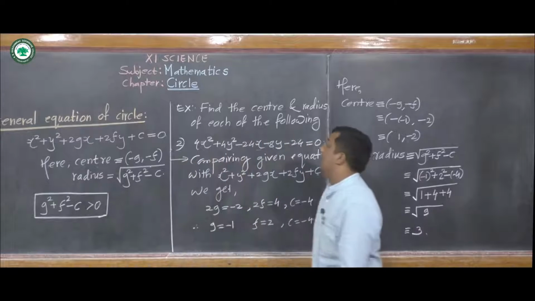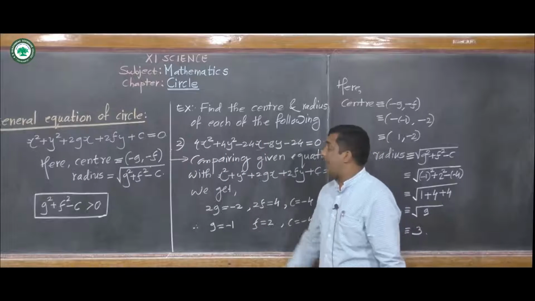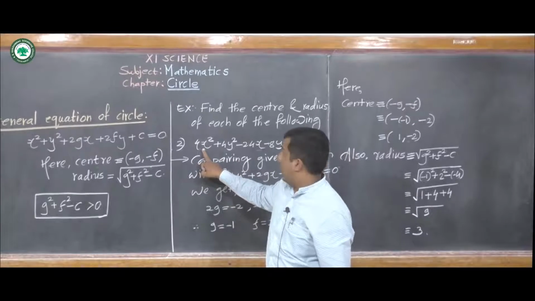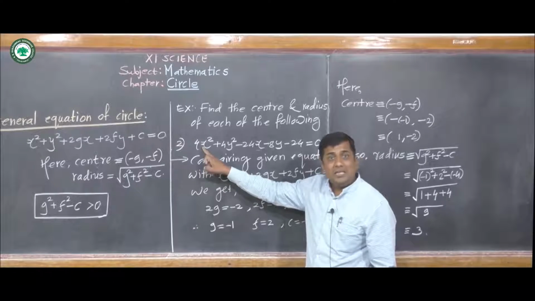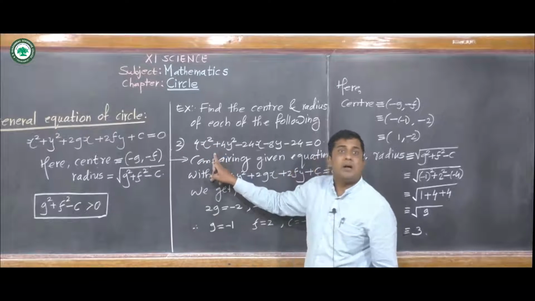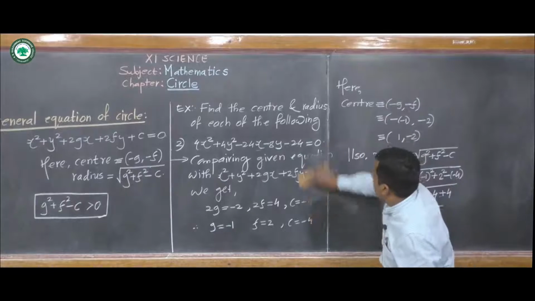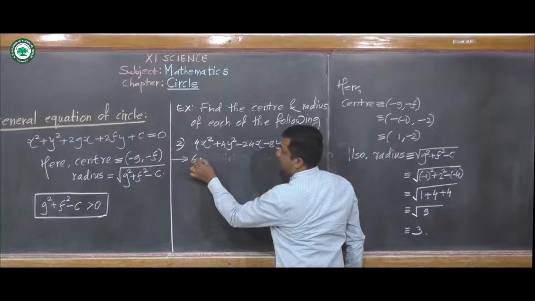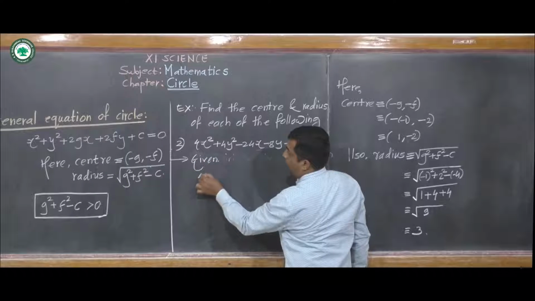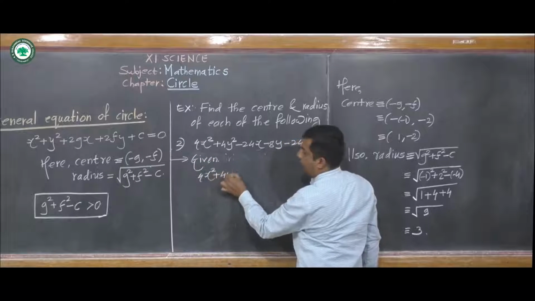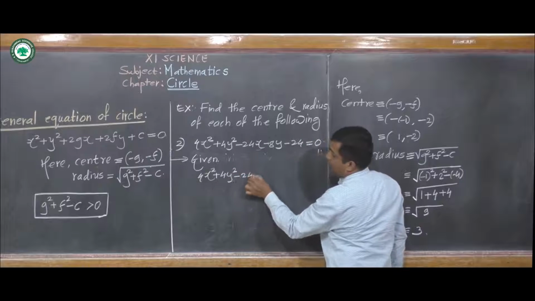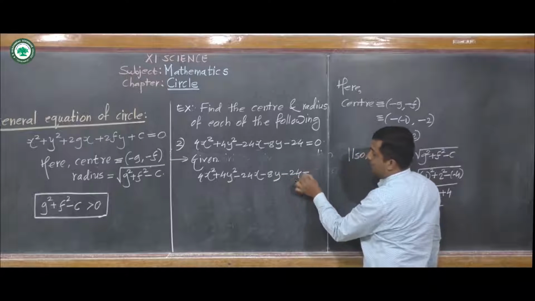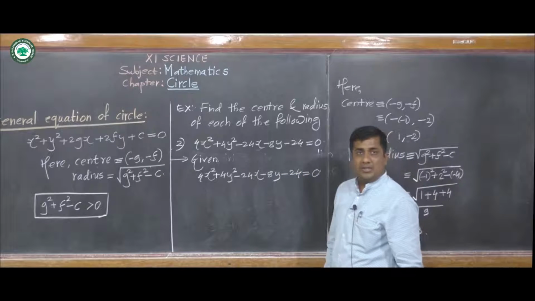So in this example our first step is we have to make the coefficients of x square and y square as 1, and to make this 1 we divide both the sides by 4. So here in the solution we consider the given equation again: 4x square plus 4y square minus 24x minus 8y minus 24 is equal to 0.